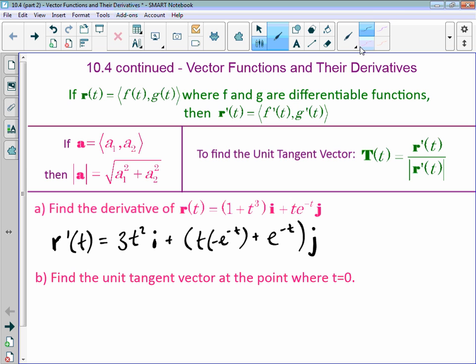Okay, the unit tangent vector, you're just using this here. Do you guys remember how I said a vector has both direction and magnitude? Yeah, this is the magnitude. So it's written as like the absolute value of the vector. That means what is the length of that vector. So do you see how this is really Pythagorean theorem?